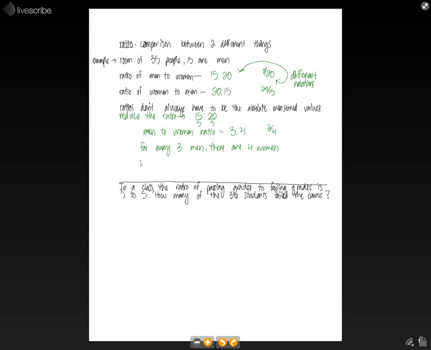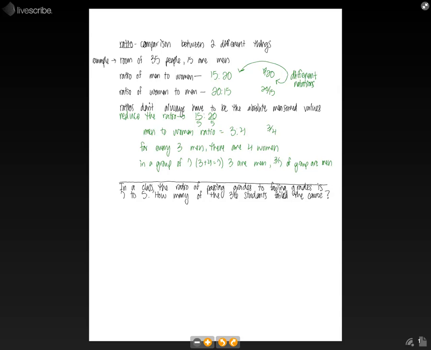And so in a group of 7 people, which we get from adding our 3 and our 4 in our ratio, 3 are men, so 3/7 of the people in the room are men.